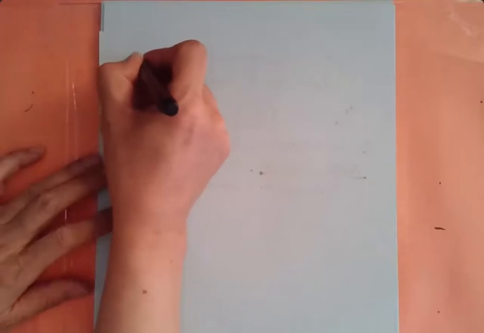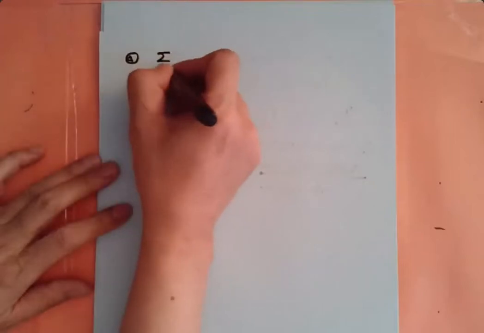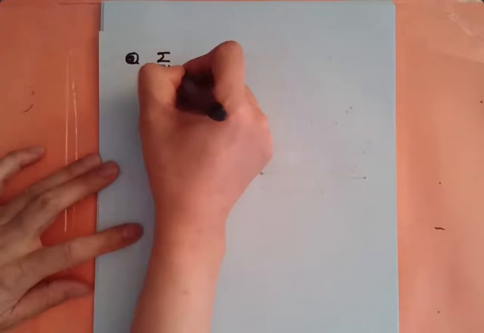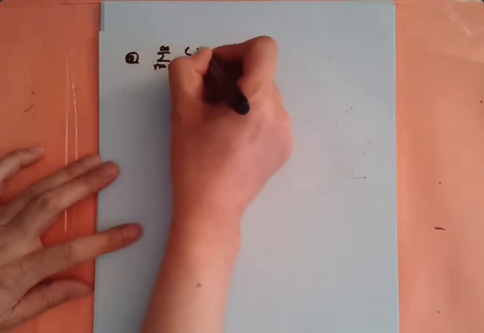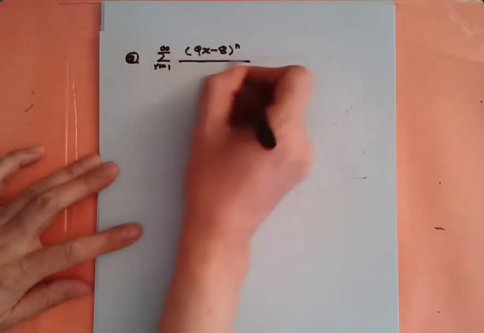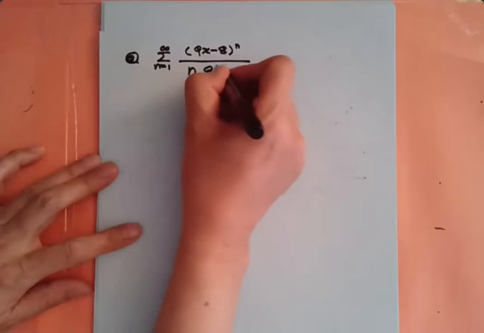The next example is the summation n equals 1 to infinity of (9x minus 8) to the n power over n times 9 to the n power.